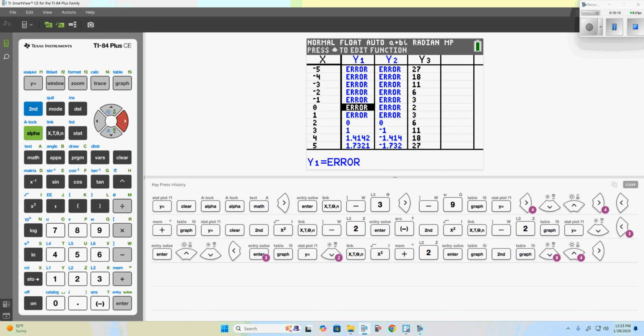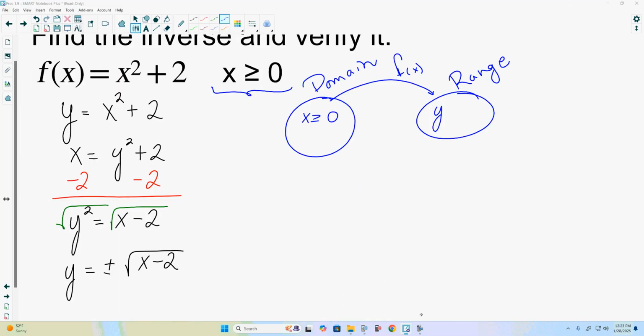So for us here, 0 has the smallest y value of 2, which means all the y values for this function here are going to be greater than or equal to 2. Okay? We can kind of see that on the graph. All this is saying that when x is 0, we get the smallest y value of 2.